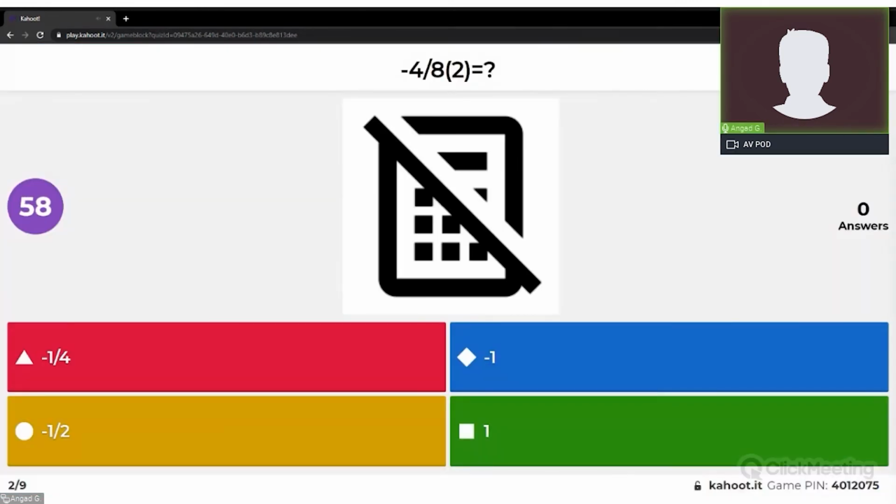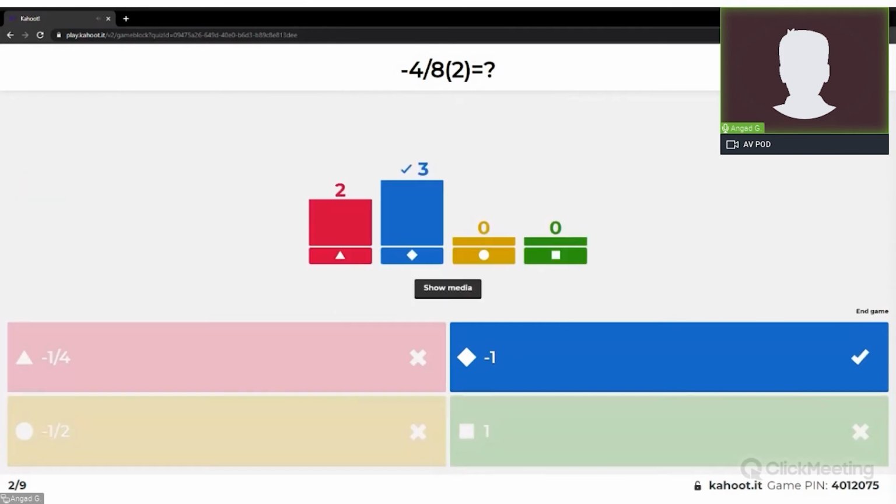Okay, another order of operations question. Okay, 2 people got this wrong. So let's go over this too.